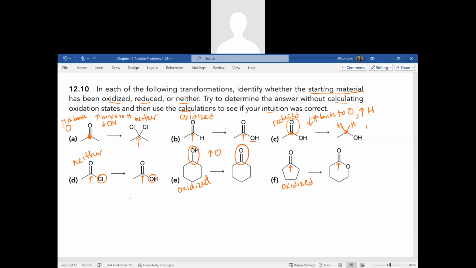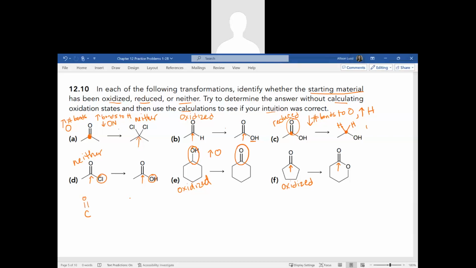So let's work through A here and see if we can recall our rules for how to assign oxidation states. So in a compound, we'll solve for our carbon here. So it's bonded to oxygen twice here.